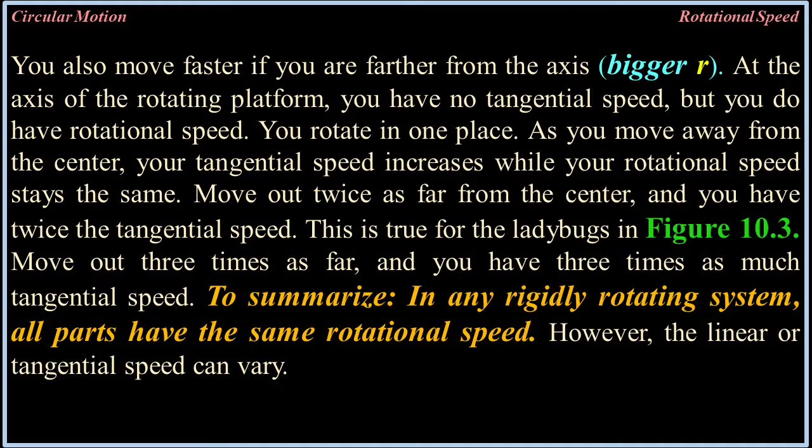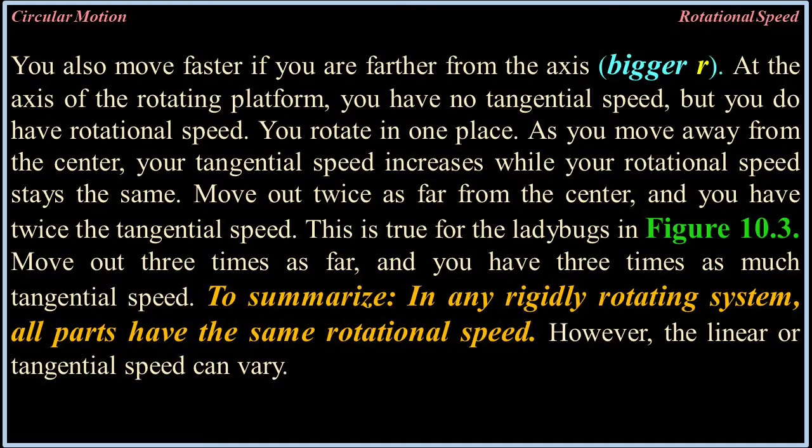You also move faster if you are farther from the axis, bigger r. At the axis of a rotating platform, you have no tangential speed, but you do have rotational speed. You rotate in one place.